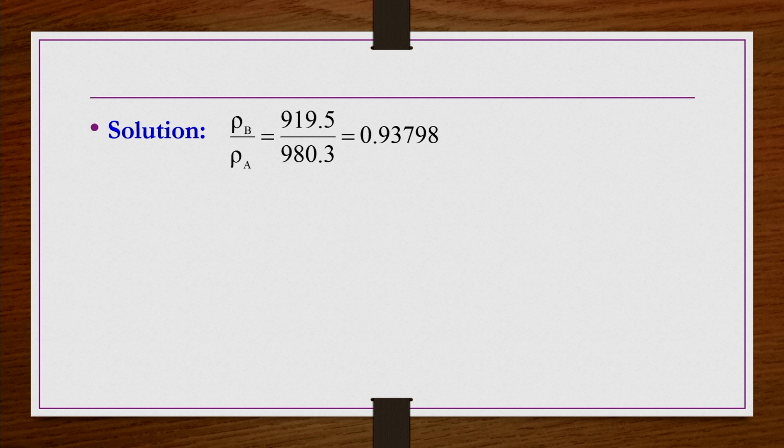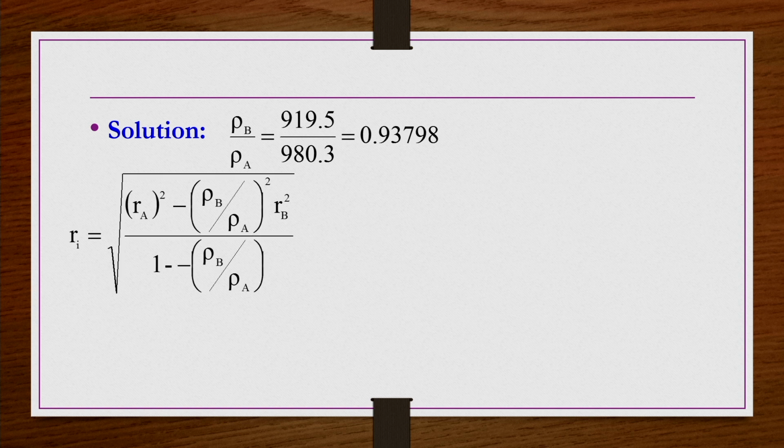Here we need Ri as a function of rho b by rho a. Rho b by rho a comes out to 0.93798. Then Ri is equal to the square root of Ra square minus (rho b by rho a) whole square Rb square, divided by 1 minus rho b by rho a.